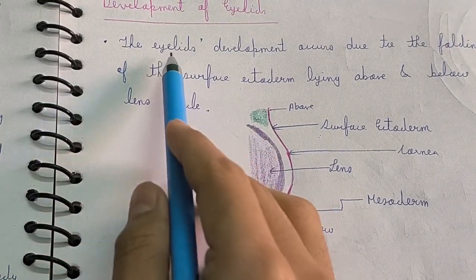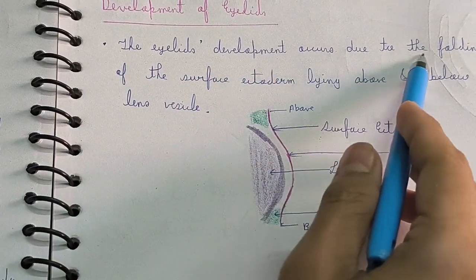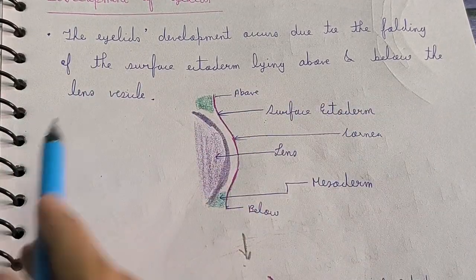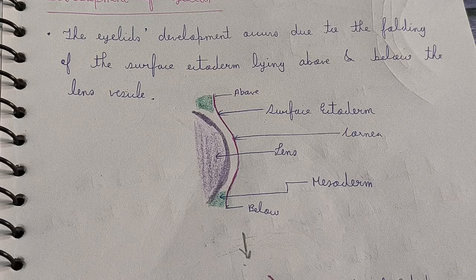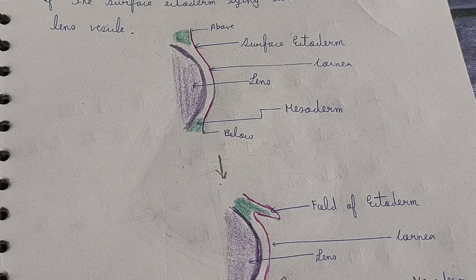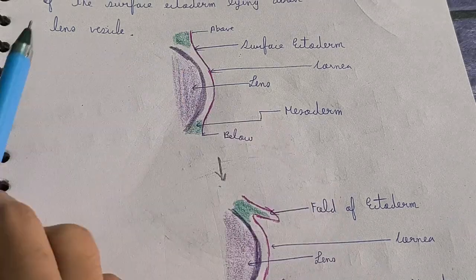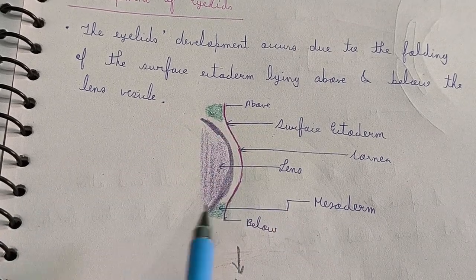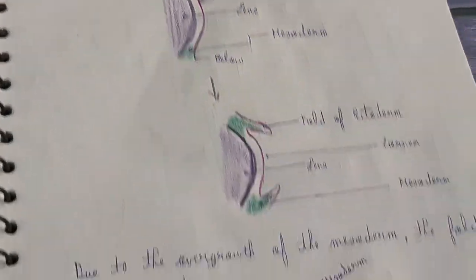Therefore, eyelid development occurs due to the folding of the surface ectoderm lying above and below the lens vesicle. In the upcoming part you will understand how this development occurs, but at present only the surface ectoderm lying above and below the cornea is responsible.